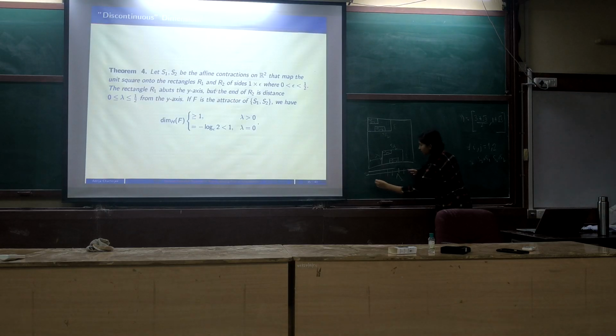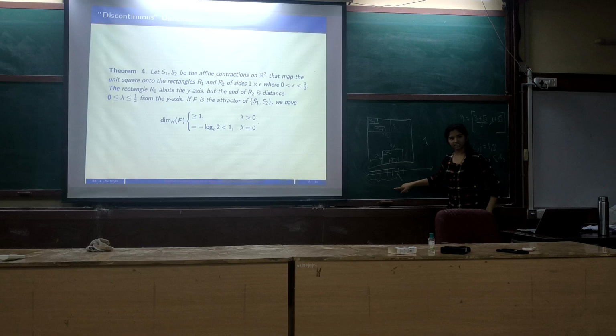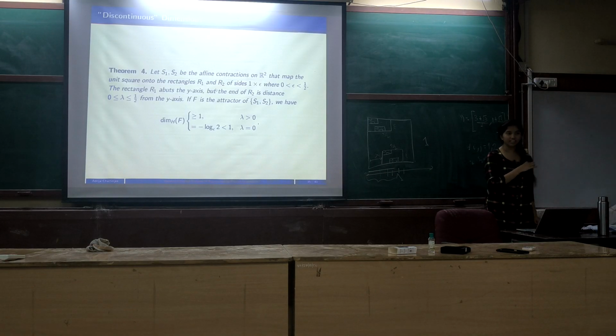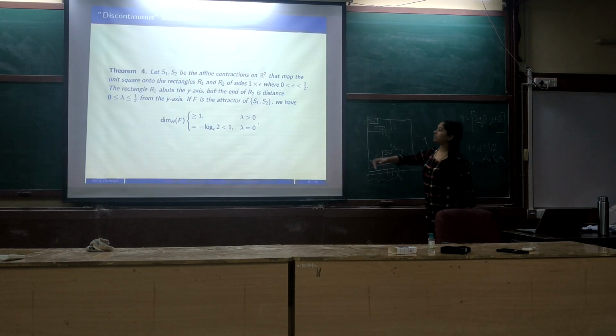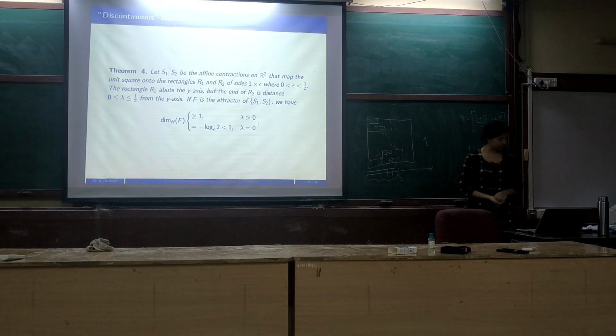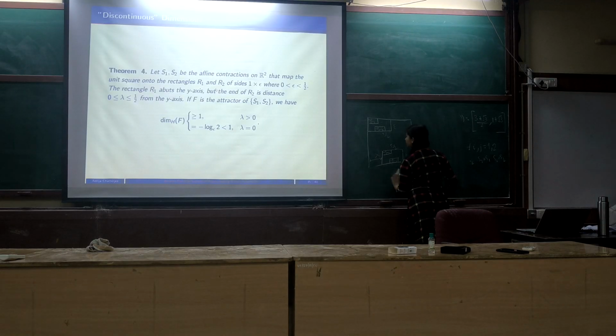So the entire union will be this line segment in the next iteration. So you keep on doing this and you will see that the projection will be this line segment, and if the projection of a set is a line segment, then obviously the dimension of the set has to be greater than or equal to 1. So when lambda is greater than 0, the dimension will be greater than or equal to 1. But now we will check the lambda equal to 0 case. I have to draw again.